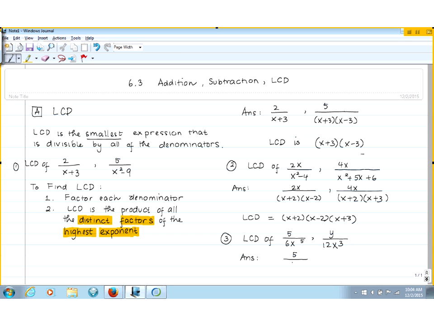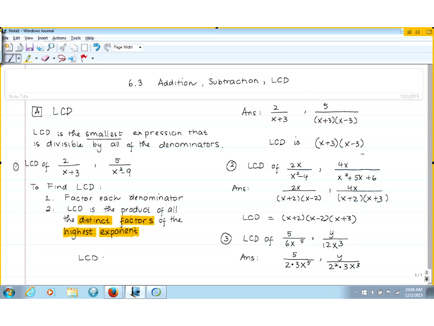How do I factor 6? Prime factorization. You know, 6 is what? 2 times 3. How about 12? 2 squared times 3, times x cubed. Right? 6 and 12.